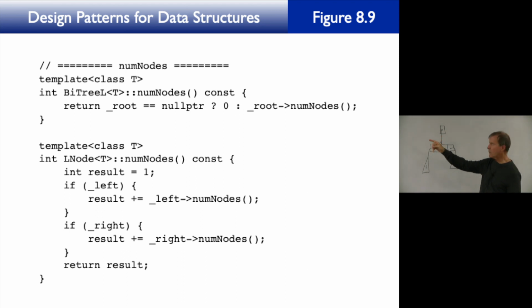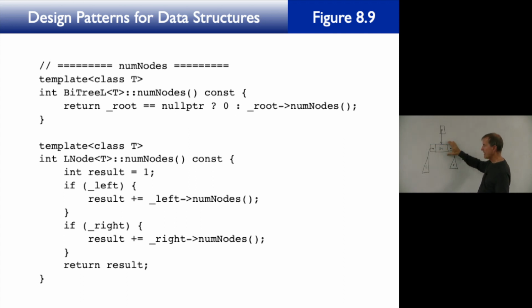Are you with me? Otherwise, what does it do? It calls the num_nodes method of a node. It calls the num_nodes method for a node, and it does _root arrow num_nodes. So now the code for it is here in this node.